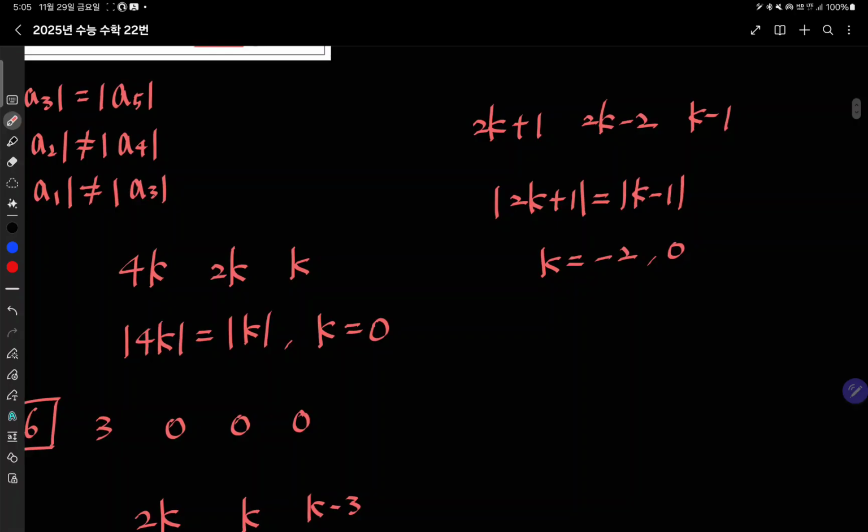So if the value of k is minus 2, the third term is minus 3, the fourth term is minus 6, and the fifth term is minus 3. But the problem is the second term should be minus 6, and the second term and fourth term cannot be the same. So that means the value of k cannot be minus 2.